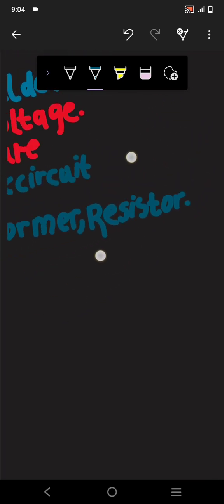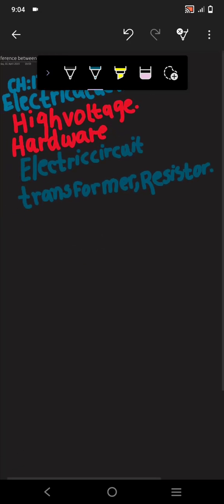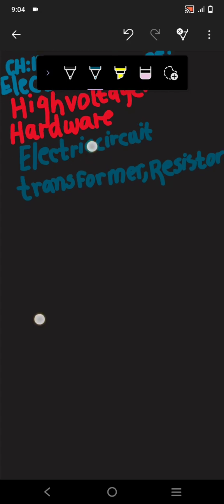In their structure, their makeover, they have the transformers and the resistors. For example, in the structure of the microwave, as we know the microwave uses the high voltage, they have the hardware, they have the electric circuit, and also they have the transformer in their interior design.